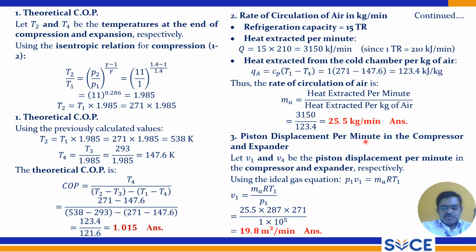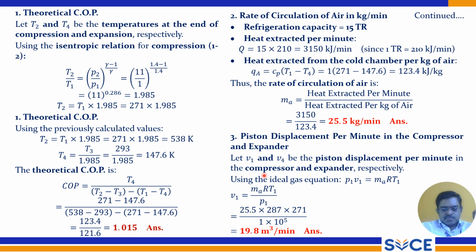And then piston displacement per minute in the compressor and expander. So V1 and V4 are the piston displacement per minute in the compressor and expander respectively. V1 equal to MA RT1 by P1, that is equal to, we know all these values, and MA we have already found here, 25.5, 287 into 271 divided by 1 into 10 to the power of 5, that is equal to 19.8 meter cube per minute.